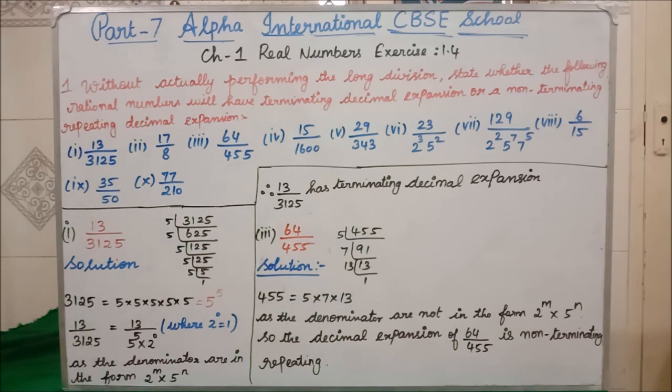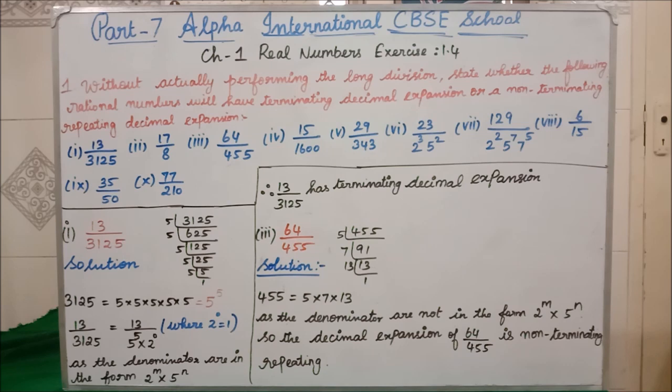Students, you all know in 8th standard you learned the exponents and powers chapter, isn't it? In that chapter you have one formula, a power 0 is equal to what? 1. So any number power 0 is what? The answer is 1, isn't it? So 2 power 0 answer is what? 1. So 5 power 5 into 1 is what? Same 5 power 5 only.